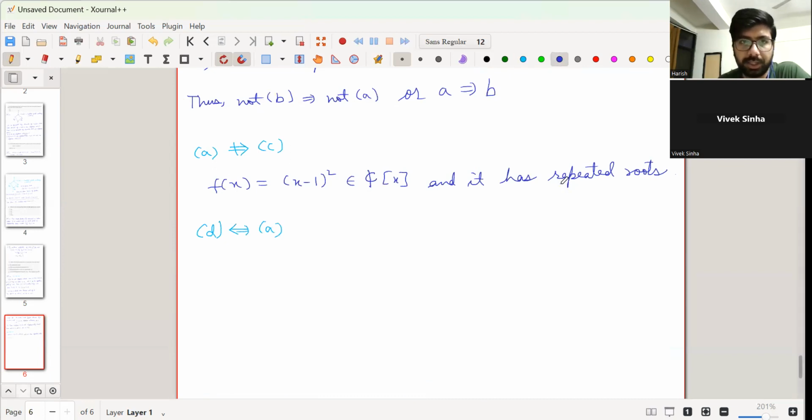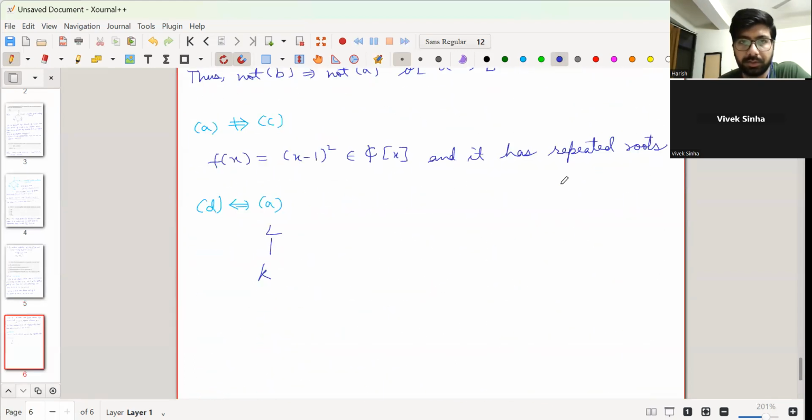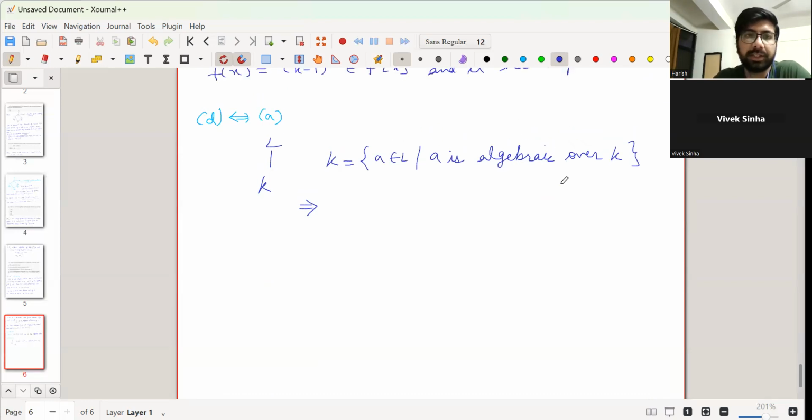So it says L is a field extension of K, then K is the set of a belonging to L such that a is algebraic over K. So this means that this is for any extension, right?